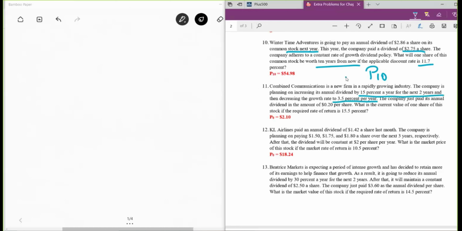That growth rate, the 3.5%, this is the growth rate that will last forever. The company just paid its annual dividend of 0.2, so this is D0. I need to find the value or the price if the rate of return equals 15.5%.